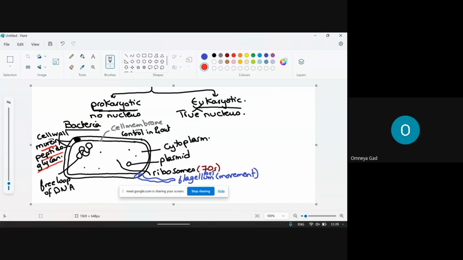This is why I told you before that even bacteria do have the ability to move and change their location from a place to another. Also, sometimes they do have things coming out of the cell, which is called cilia. The cilia make them feel the things around them for sensitivity, and it allows them also to move from a place to another. And this happens for prokaryotic cells.